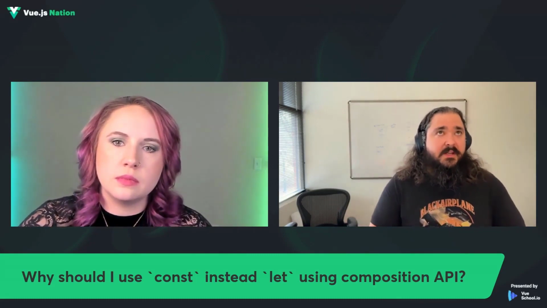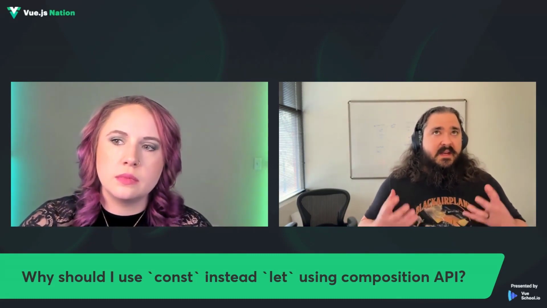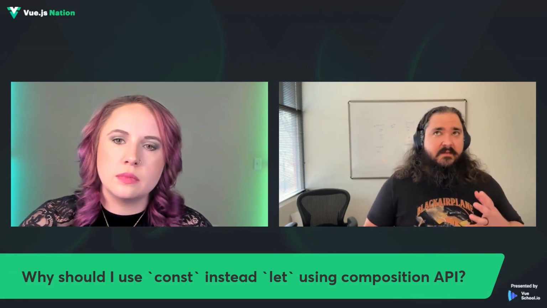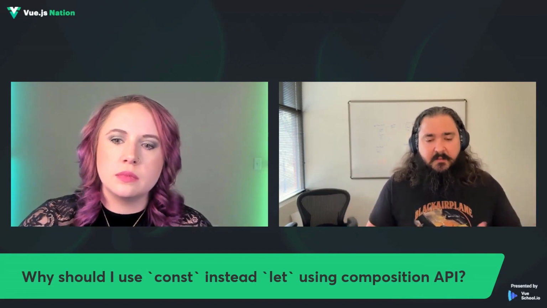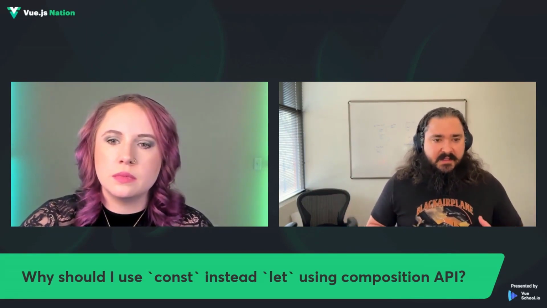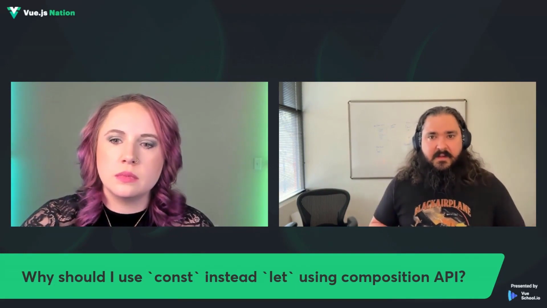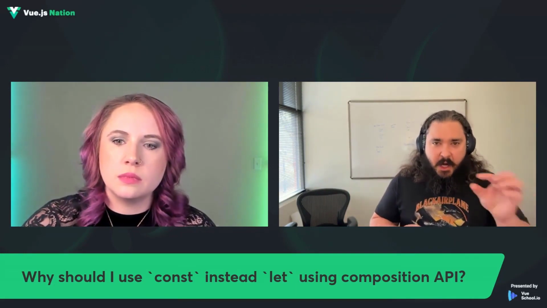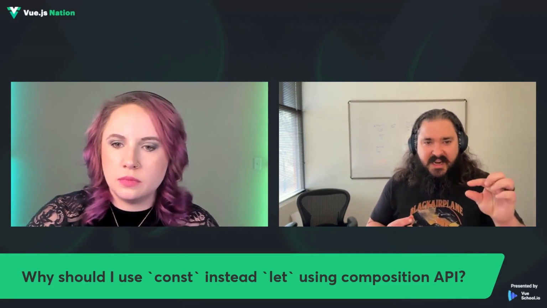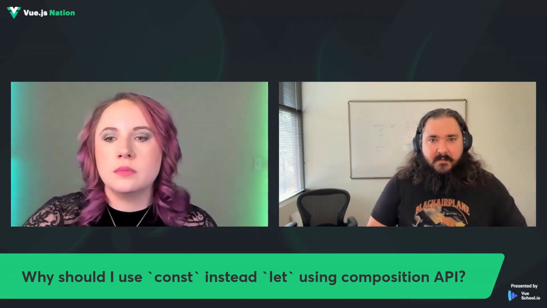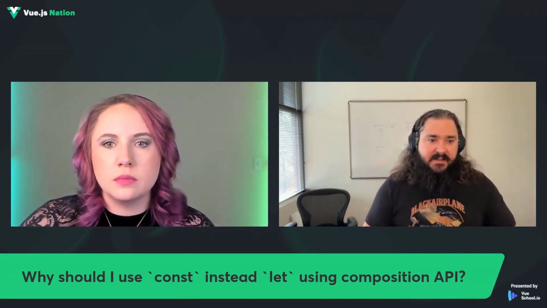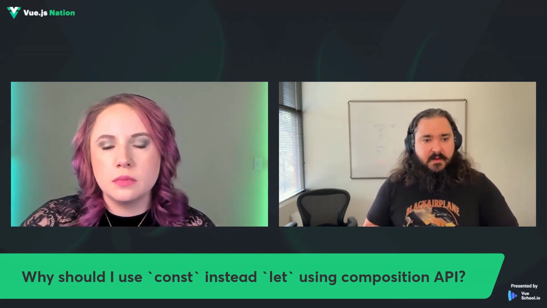I'm only going to use let likely within the context of some, let's use a computed property as an example, inside the function closure for that computed property, where I'm going to mutate that internal variable for the purpose of generating some end result of that computed property.